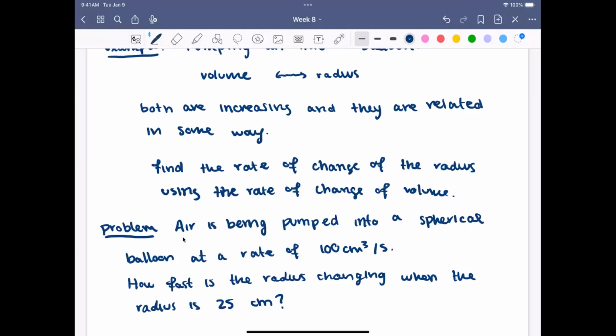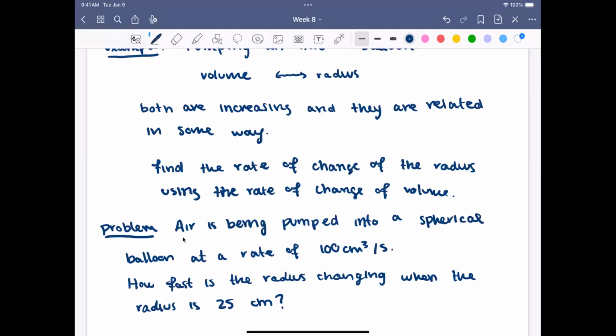The idea for how to solve these is that the quantities that we're interested in are the volume of the balloon and the radius of the balloon. So we will relate those two quantities using an equation. In this case, it'll just be the equation for the volume of the balloon. Then we'll take the derivative of both sides of that equation with respect to time.